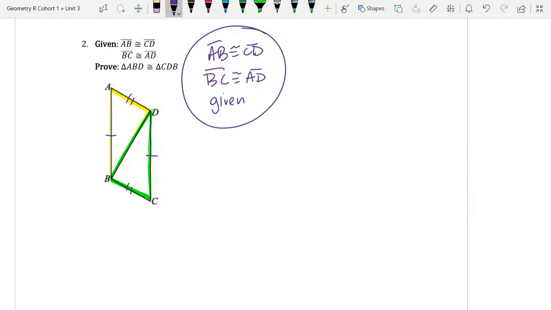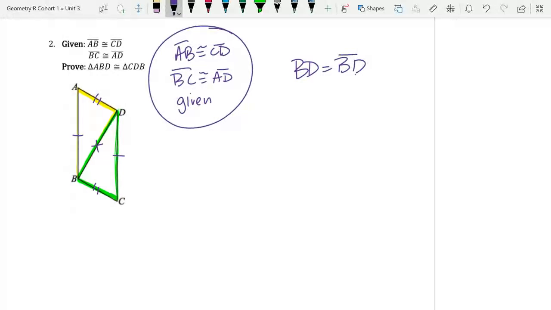Now, the next thing that I'm hoping you saw, because we did a lot of it in the lesson, was that these two triangles have a common side, BD. So I could say BD is congruent to BD, and the reason why is the reflexive property.